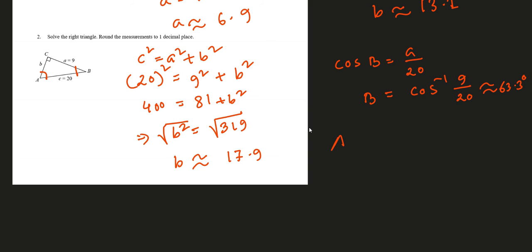Angle A will be equal to, I think we should use approximation, 180 degrees minus 90 degrees, the angle C, minus angle B, 63.3 degrees, and that gives us 26.7 degrees. That's all.